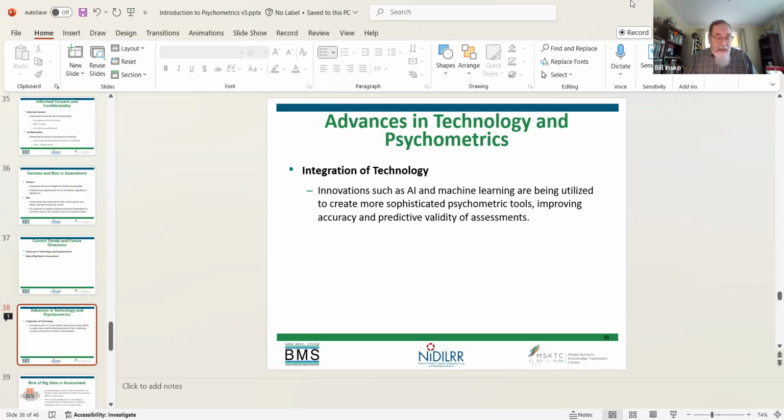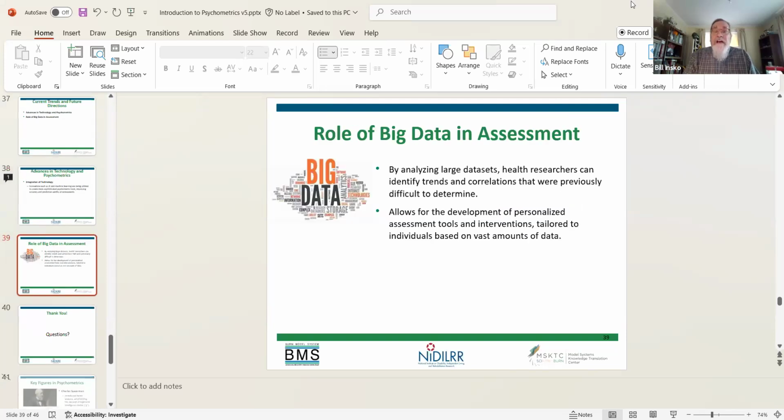And so artificial intelligence just confuses me because of the copyright violations. But anyways, certainly there's a lot there that will be discovered in the next years, I'm sure, to be very useful to the field. And big data is everywhere.